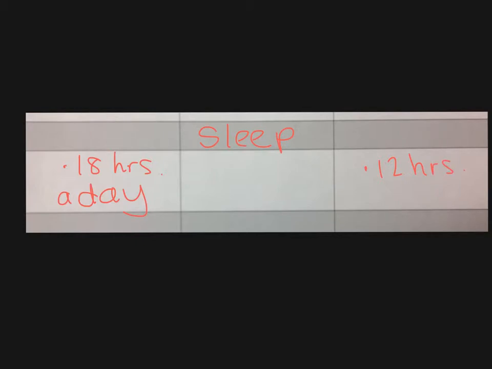Some breeds may be more, some breeds may be less. Both cats and dogs sleep during the day. Take a minute to pause this video and write down your information on your organizer.